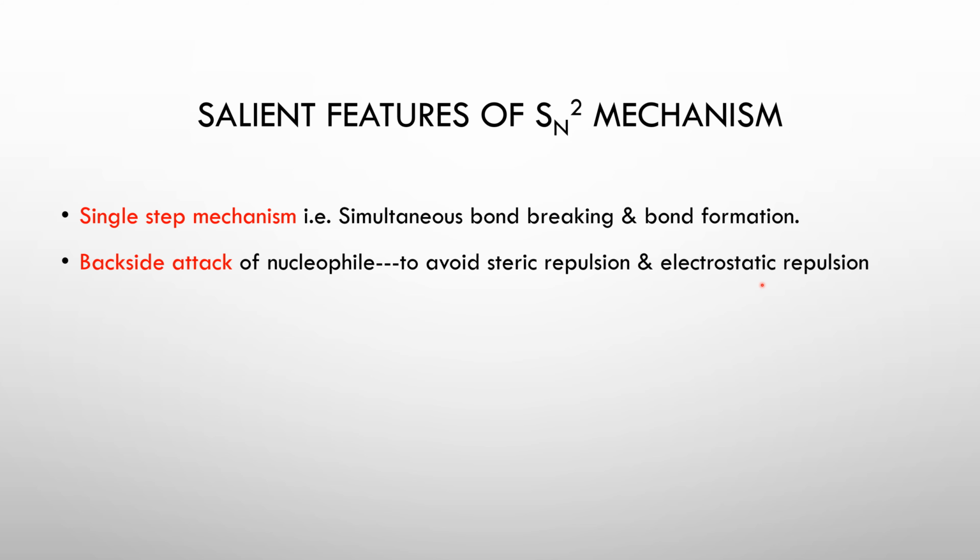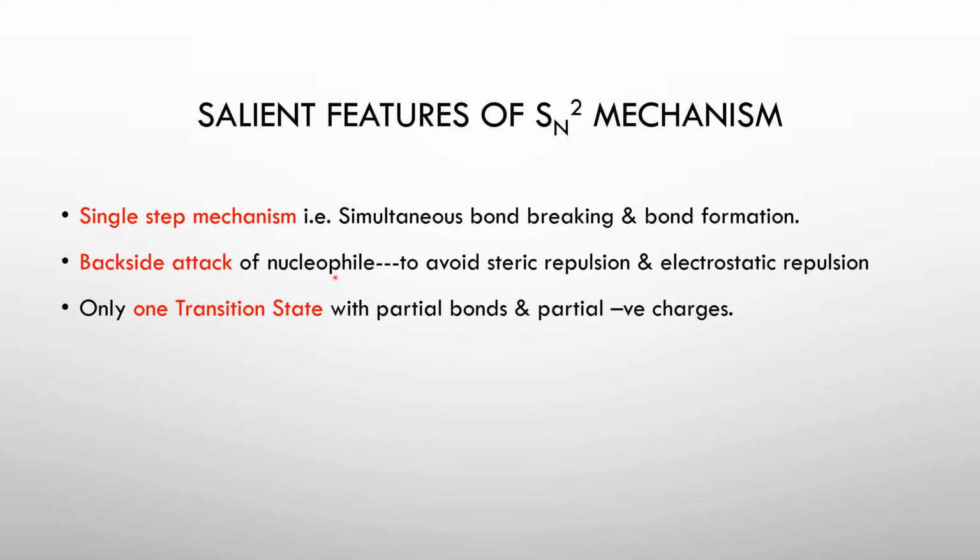Second is electrostatic repulsion. Electrostatic repulsion means the nucleophile and leaving group are both electron rich. So negatively charged electrons repel each other. It is called electrostatic repulsion. Therefore the nucleophile cannot attack from the side of the halogen or leaving group. It attacks from the opposite side.